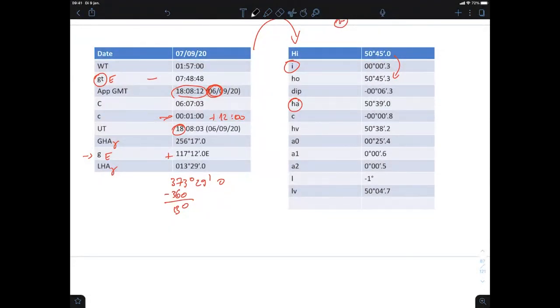but since the correction tables for Polaris change every year, and why do they change? You know that by now, because it's based on the mean value of the SHA and the declination for that year. This year it will be 2020, so the correction values each year change. Voilà. So we go again to our corrections.